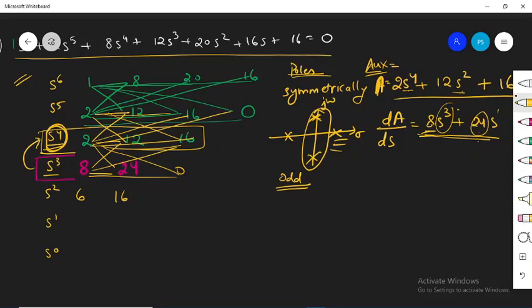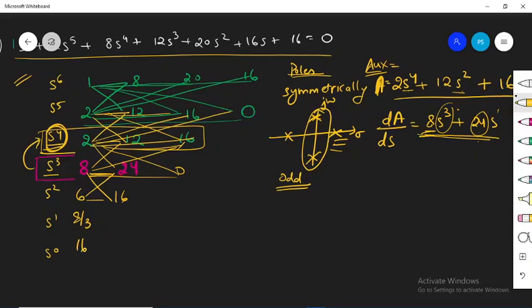Then again you can proceed similarly, 8 into 24 minus 6 into 24 divided by 6, and this is going to be 8 divided by 3, and similarly यहाँ से ये value 16 ही आएगी. Okay, so this is how you can finally form the Routh array.